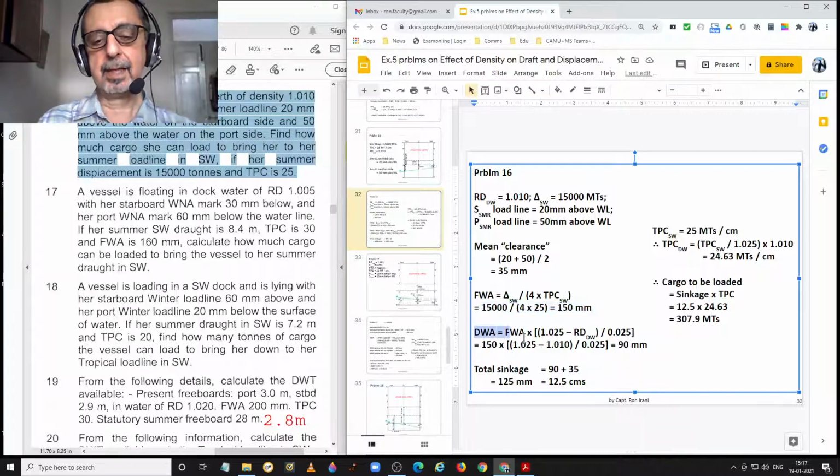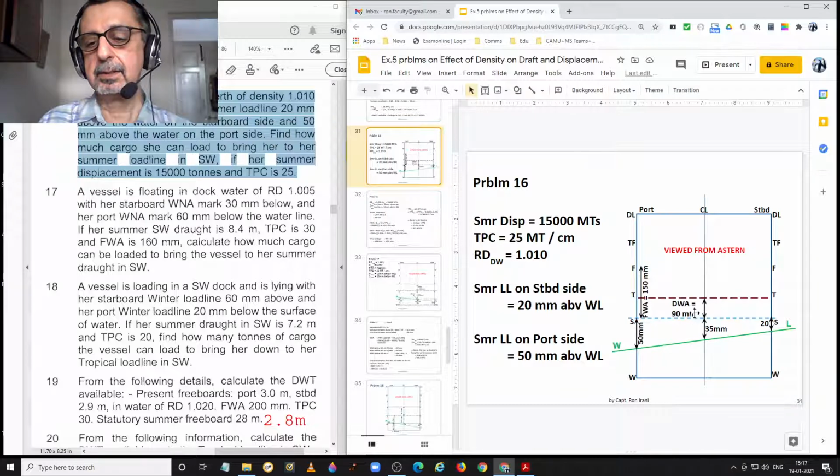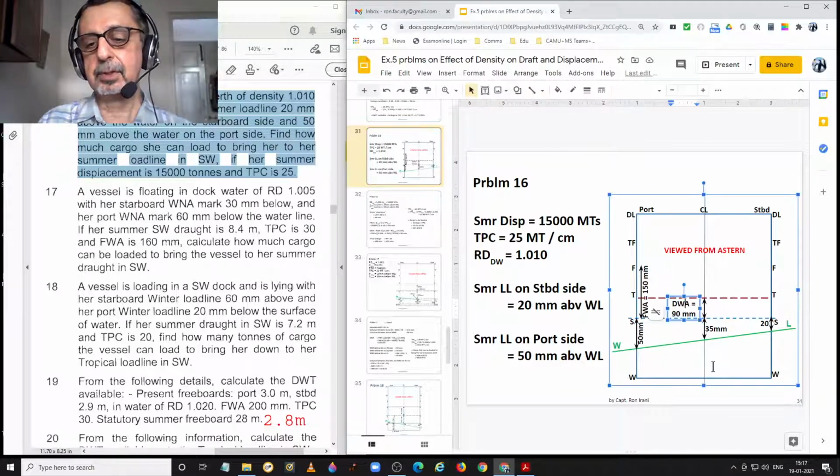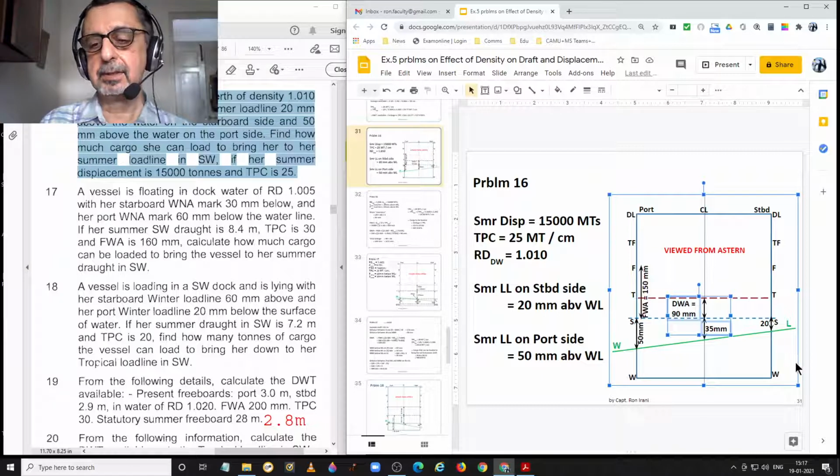From that we calculate the dock water allowance. That is equal to freshwater allowance times the difference of the two relative densities divided by 0.025. And we get dock water allowance equal to 90 millimeters, as I have shown over here in this slide. 90 millimeters is your dock water allowance, and the mean clearance on the center line is 35 millimeters.